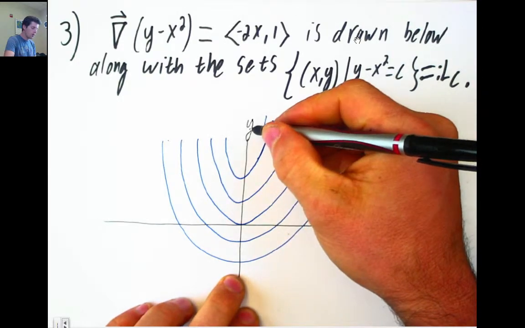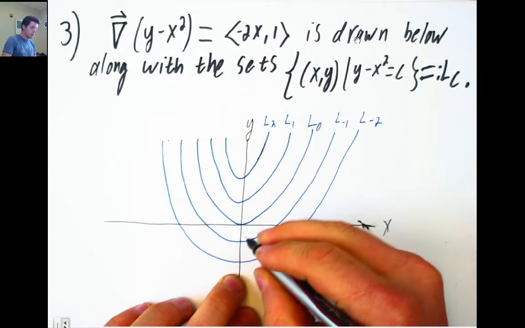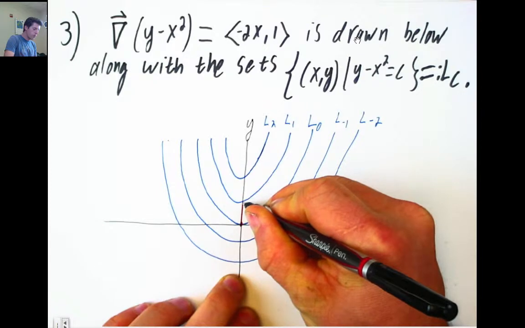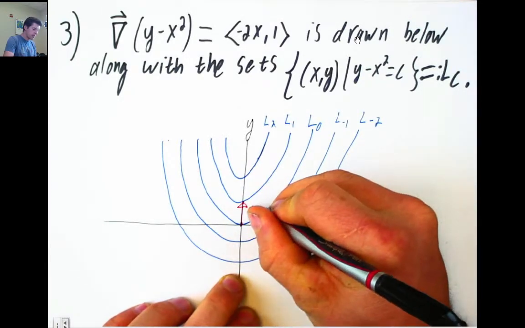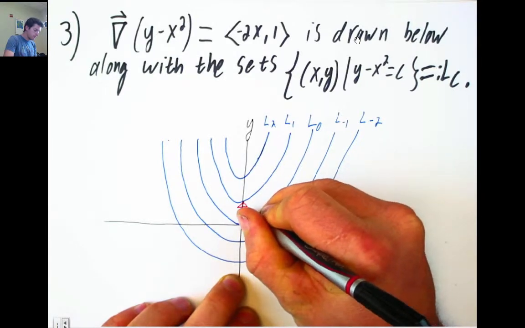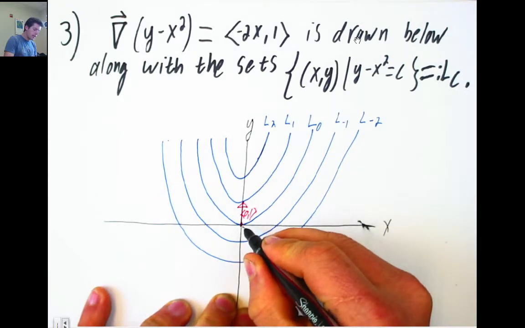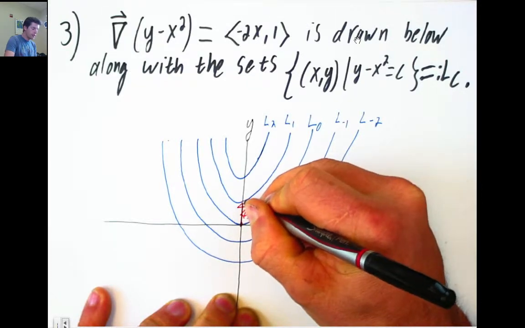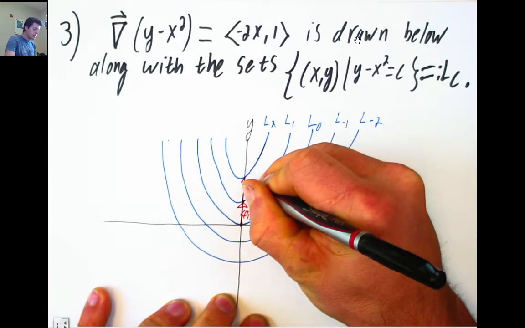Okay, so anywhere along there, this vector should be 0. So let's see, right here at 0, 0, for instance, the vector points 1 up and not at all to the side, right? So that is the vector right there, 0, 1. And similarly, at the point 0, 1, right there, the vector field has the same value.